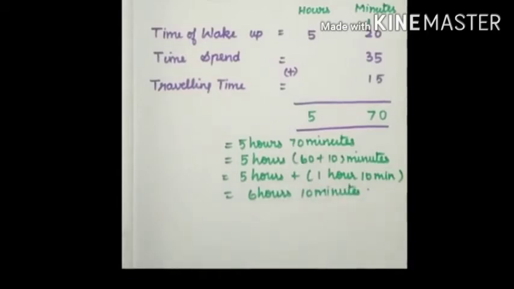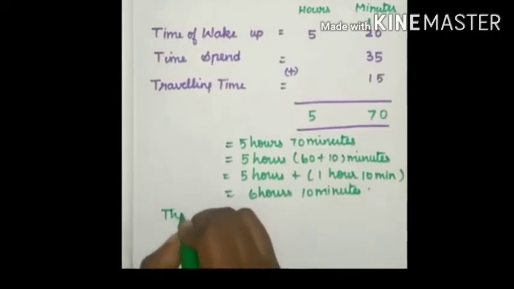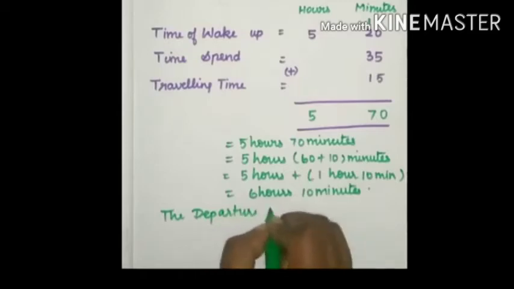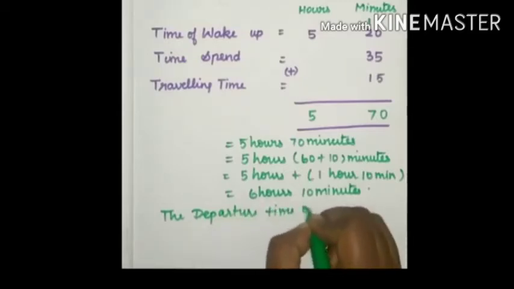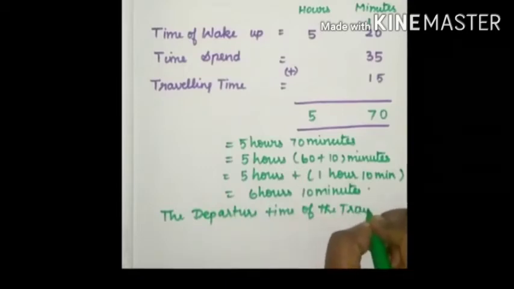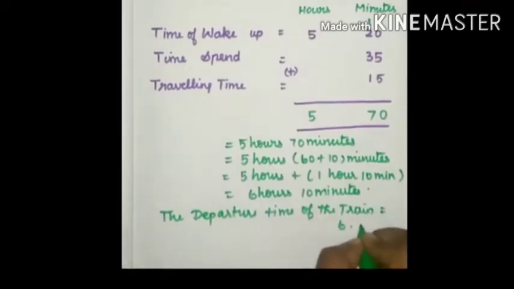Now the time will be what? 6 hours 10 minutes. The departure time of the train is what? 6 a.m.